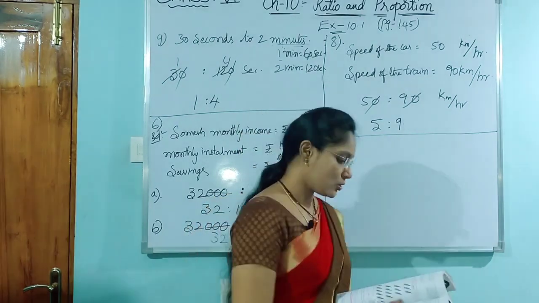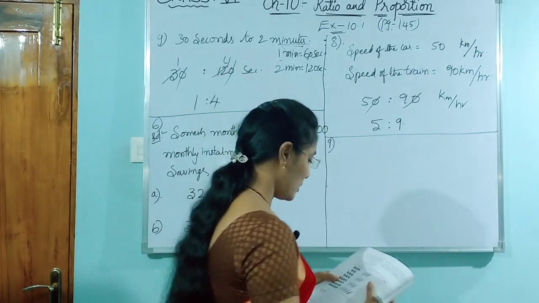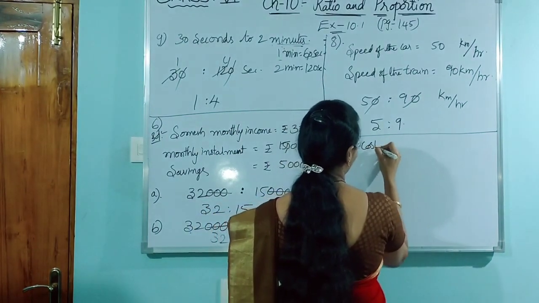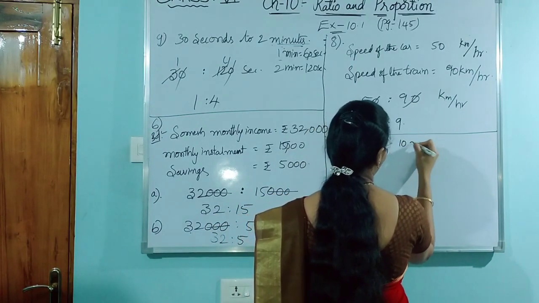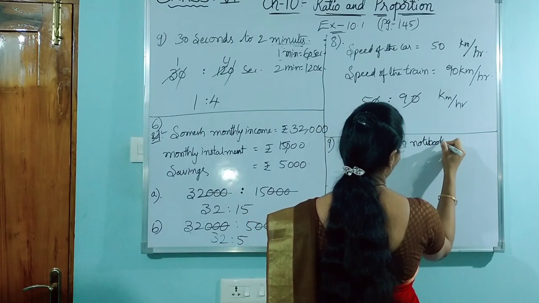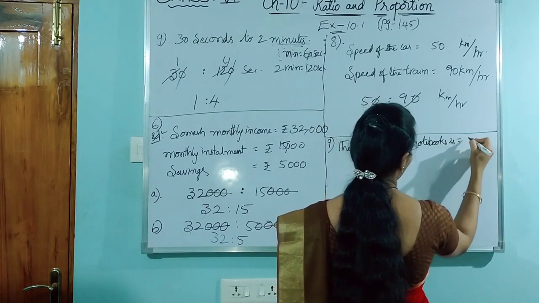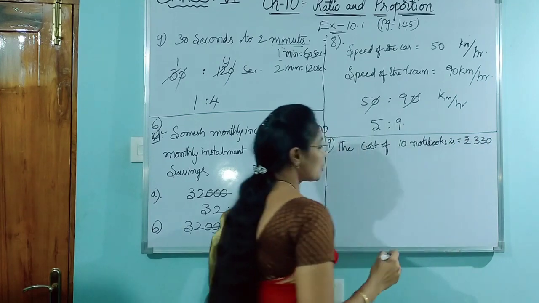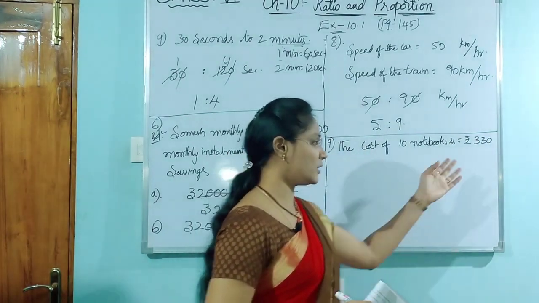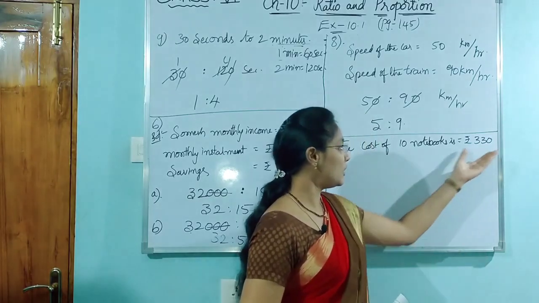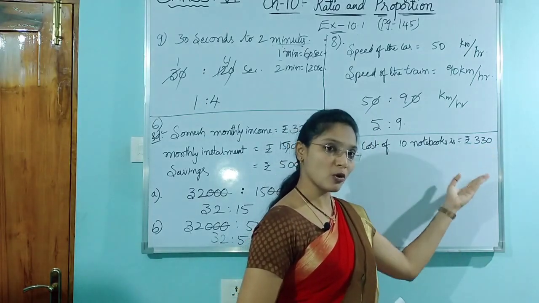Okay. So let us write it step by step. Cost of 10 notebooks is how much? Rupees 330. So cost of 10 notebooks is 330 rupees. Cost of one means simple: total amount by the number of items.